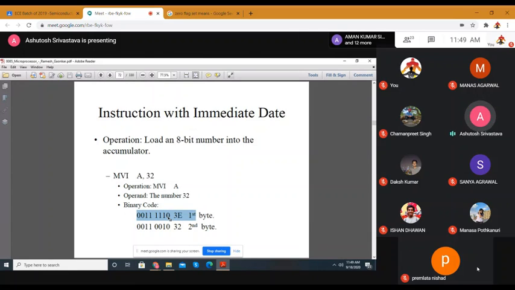Similarly for all different types of operation, and this is reserved by the company that is manufacturing that particular type of microprocessor.